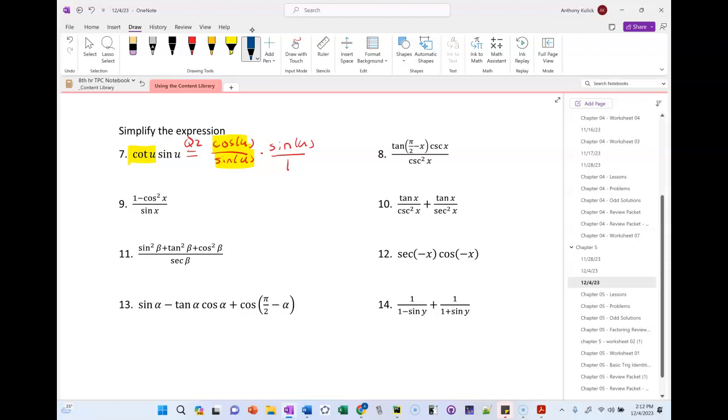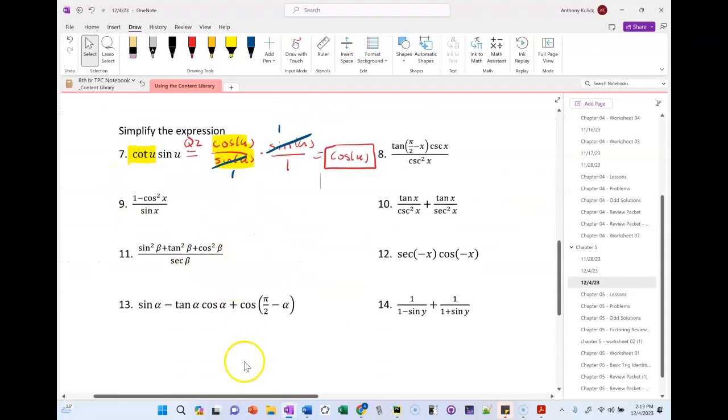Well, not cross multiply, that's a solving technique. But what we can do is just reduce. When we reduce, those become ones. And what do I get when I multiply that all out? Just cosine u. Is there anything more to do? No, you're done. Look, you guys did this all by yourselves. That wasn't so bad.